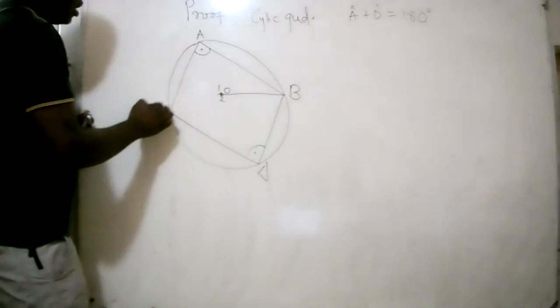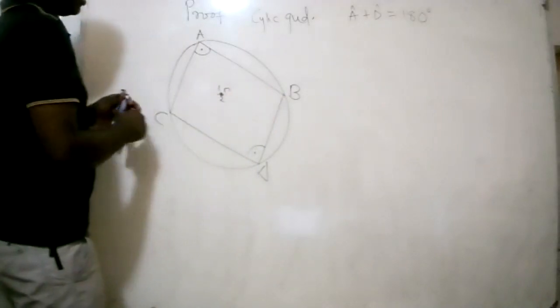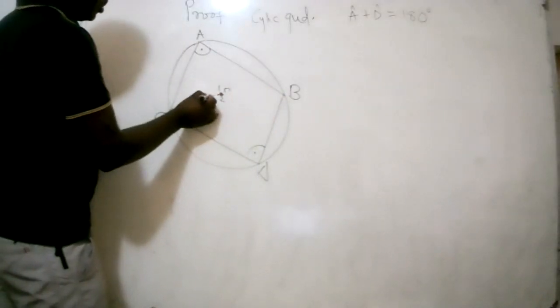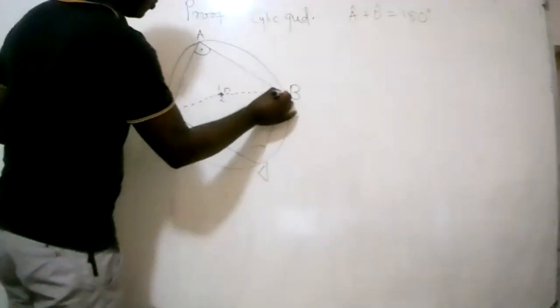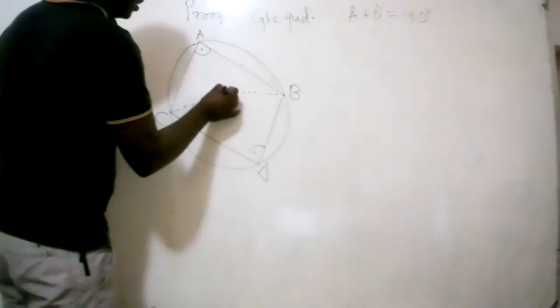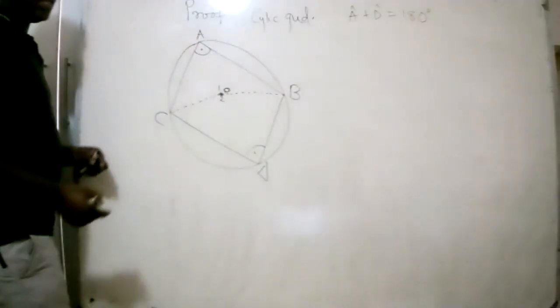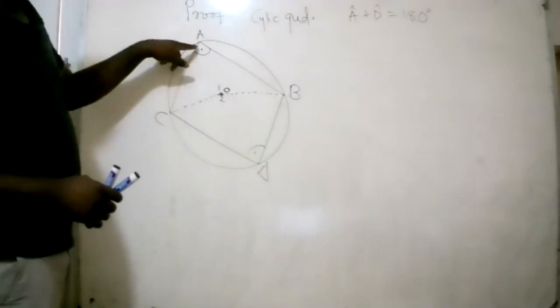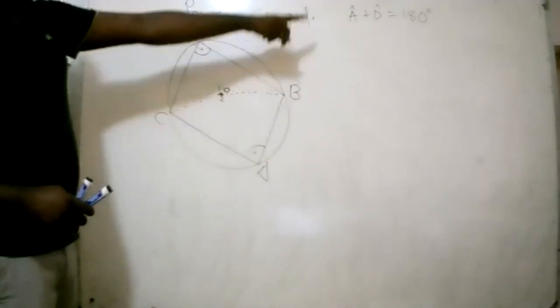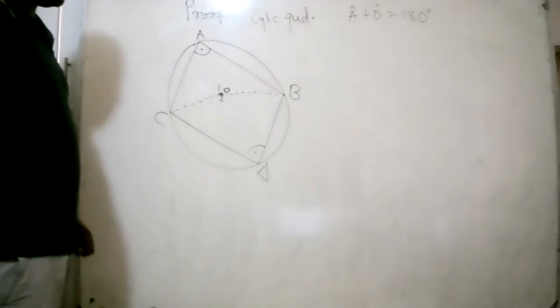Let me have these as dotted lines so that you can see that these are the lines we created. Solid lines represent lines which are given, but the dotted lines represent lines which we created. We want to prove that if we add A and D, they must be equal to 180.